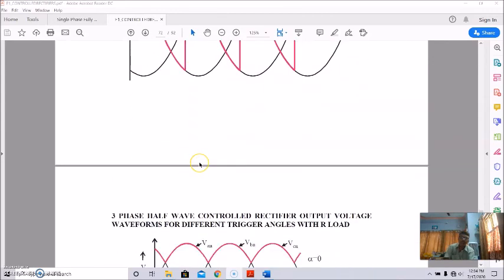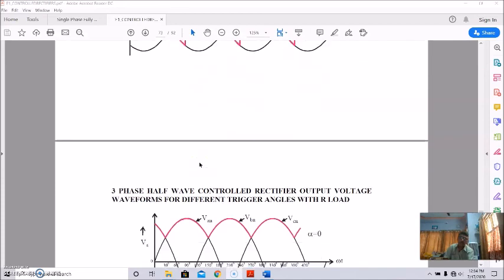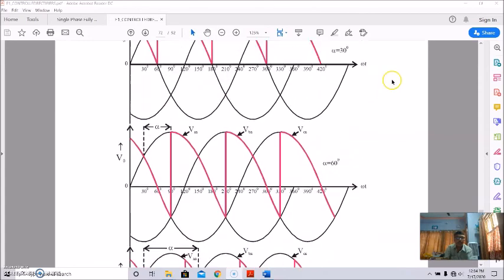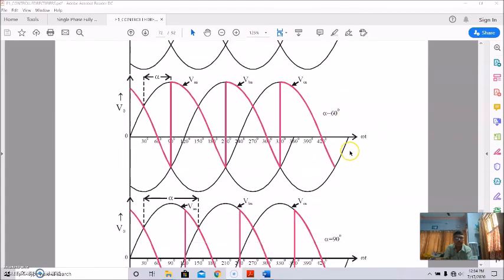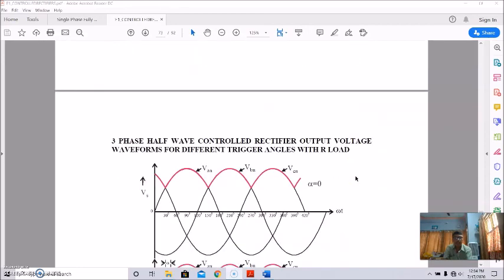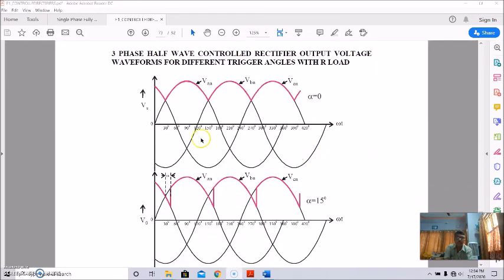So in this way we can find different waveforms for alpha. So this is for alpha actually 30, then alpha 60, and then alpha 90 degree. Okay, and the three-phase half-wave controlled rectifier output voltage waveform for different trigger angles with RL load will be like this.